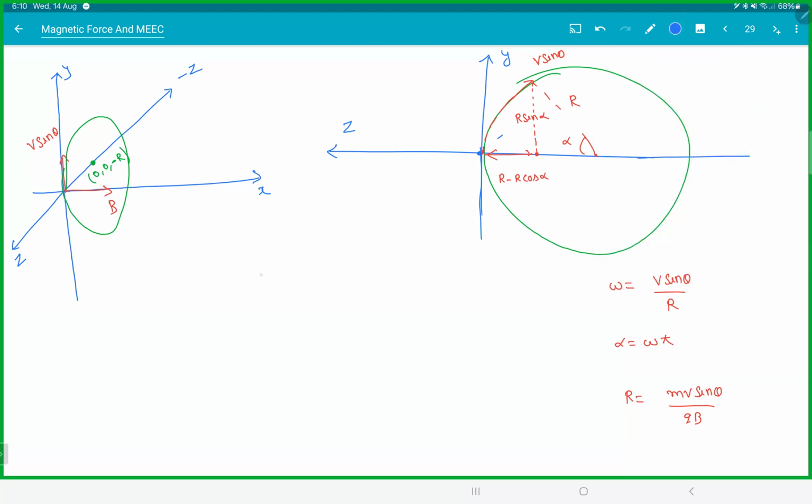So your y coordinate is r sine alpha, and your z coordinate is minus of r minus r cos alpha. The X coordinate is the easiest one: v cos theta into time, because you're going along the x-axis due to v cos theta, undeviated. Is this clear, everyone?